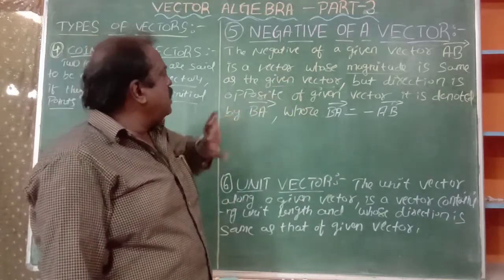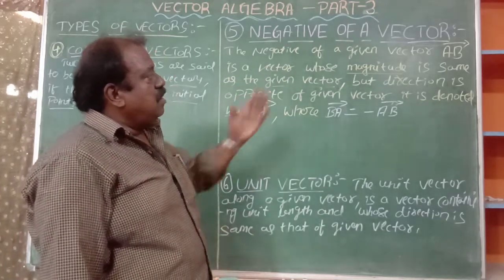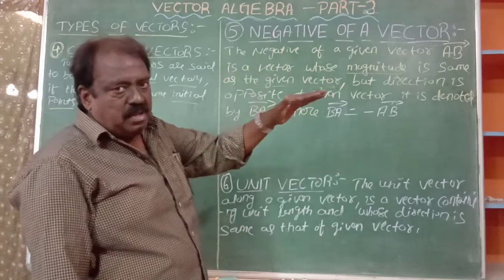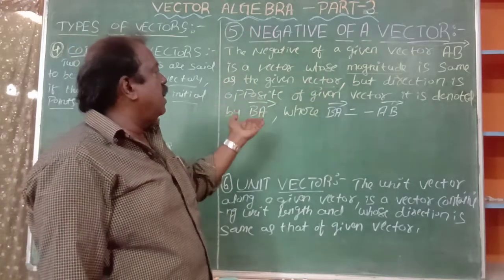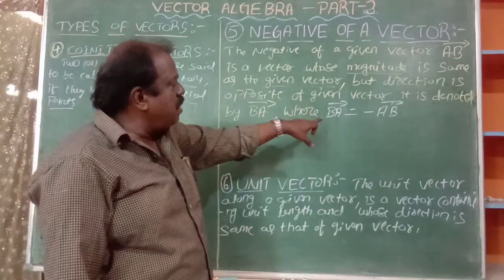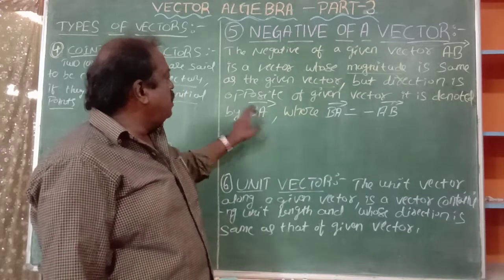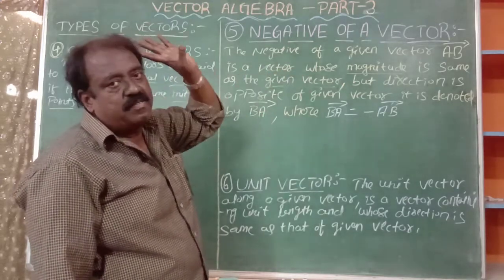But the direction is opposite to the given vector. AB bar, A to B is the direction. Then B to A is the opposite direction. So, BA bar here. BA bar is the negative vector of the given vector AB bar.